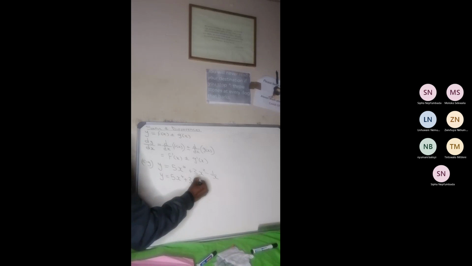As far as we're concerned, I told you that you must avoid the fraction before you derive it. So we write it as y is equal to 5x to the power 4 plus 3x squared minus x to the exponent of minus 1. Is everyone there?